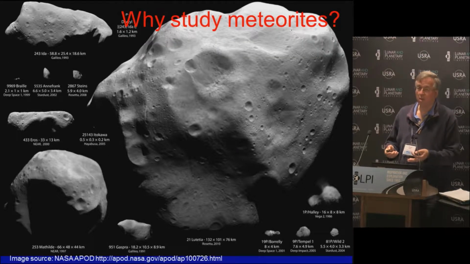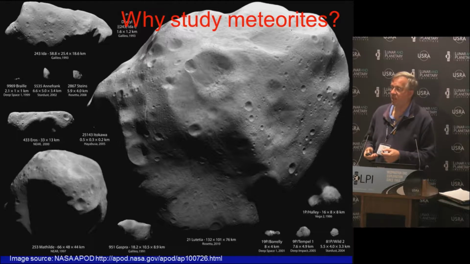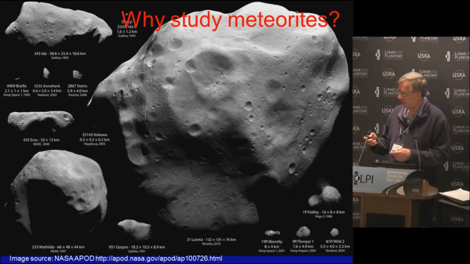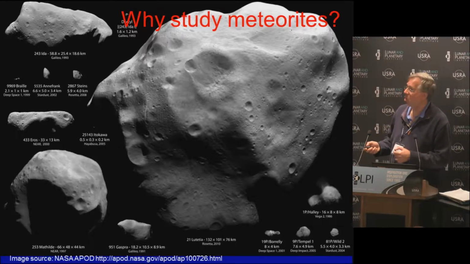Now, why study meteorites? Well, if you have the meteorites that Mike has, it's because they still have the water in them as these fluid inclusions. Other than that, there are many, many meteorites that don't have that kind of water in them.